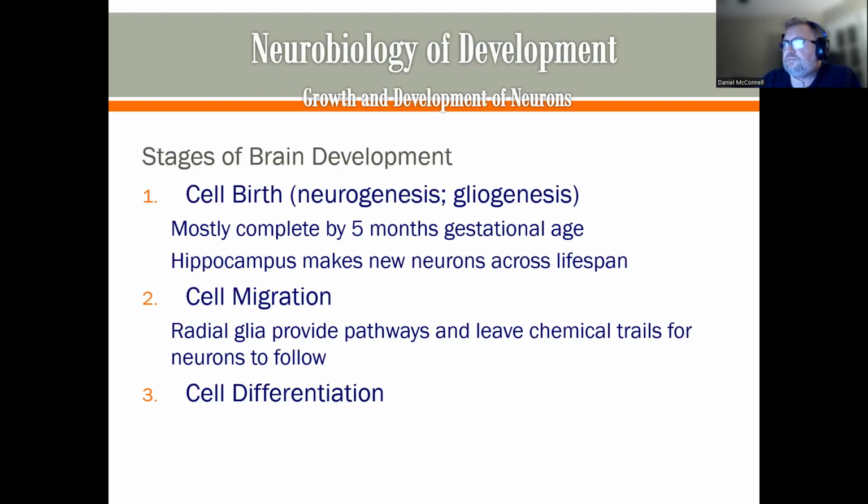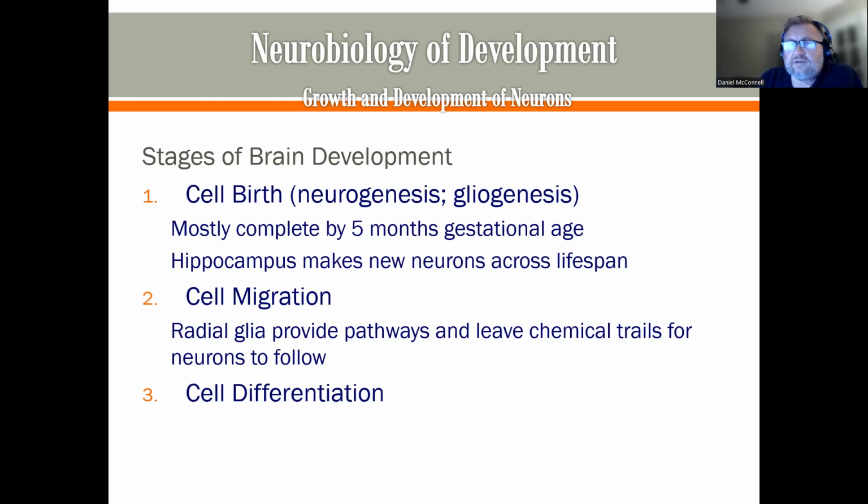Here are some steps. So let's first talk about the creation of the cells, right? And this is called neurogenesis, in the case of having these stem cells and progenitor cells create neurons. In other cases, it's called gliogenesis if these progenitor cells turn into glial cells.